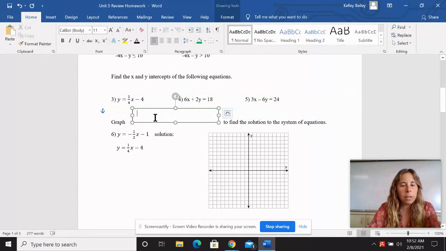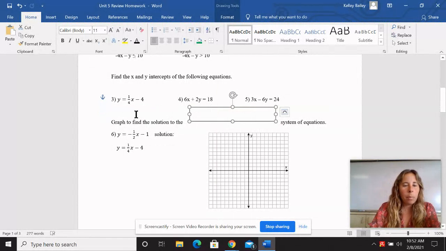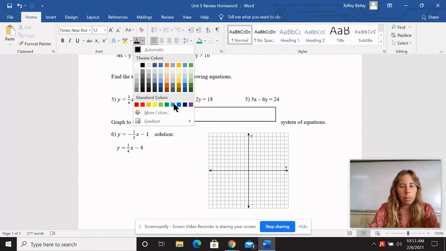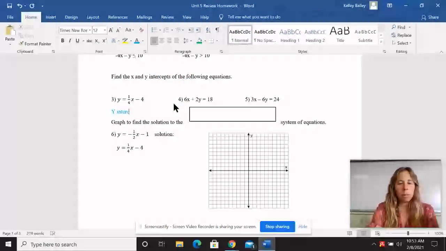Okay, so for the first one, number 3, actually we don't need this for the first one. For number 3, this is in slope-intercept form, right? So let's pick a color, blue. So my y-intercept is negative 4. 0, y is negative 4.